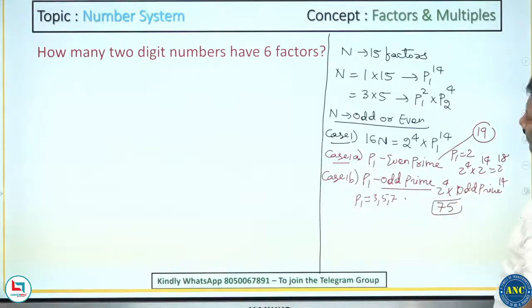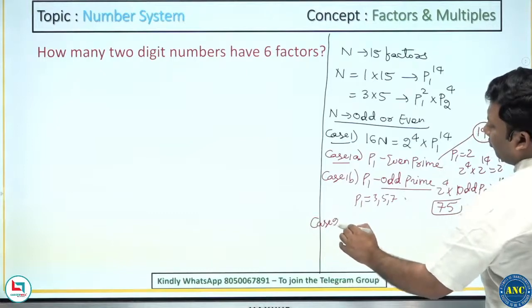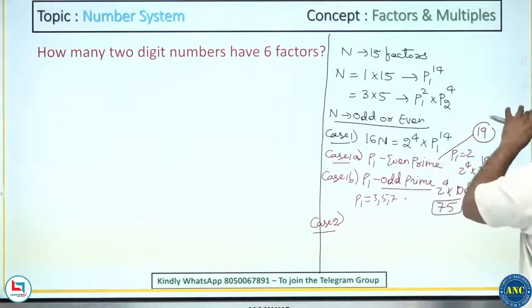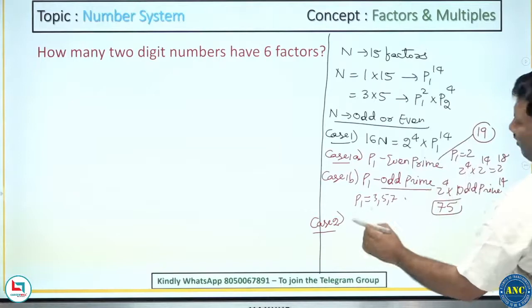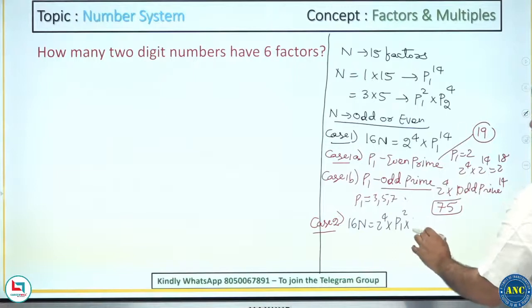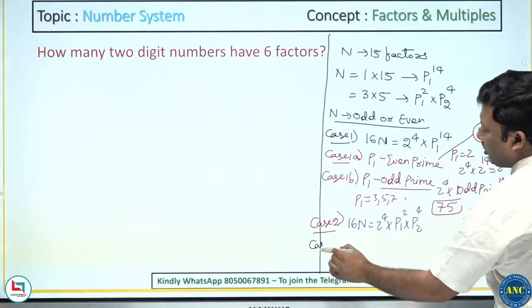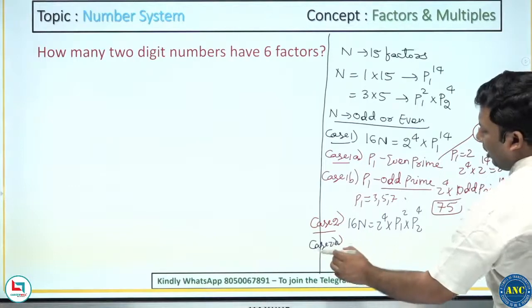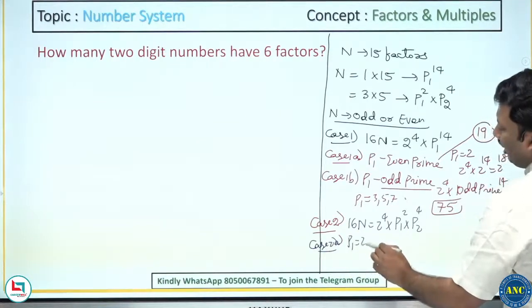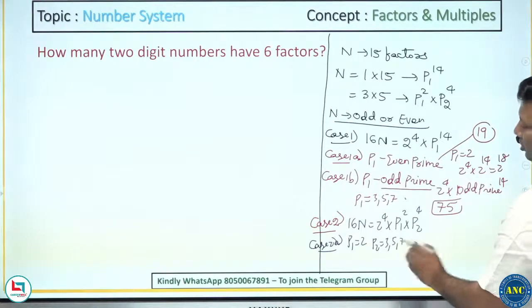Are you all with me? Similarly, case 2. What is case number 2? Case number 2 is 16n, 2 power 4 into p1 power 2 into p2 power 4. Case 2a. p1 is 2, p2 can be 3, 5, 7 and so on.